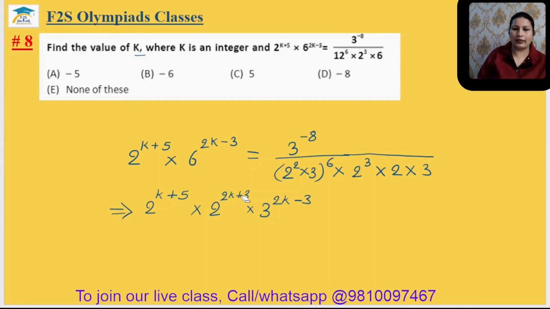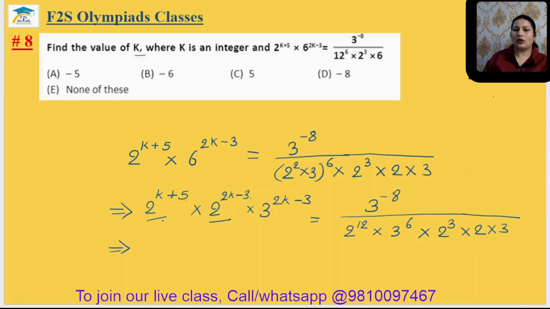Sorry, it should be minus 3 here, not plus 3. Minus 3. Okay. Now 3 to the power minus 8 upon 6 2s are 12, 2 to the power 12, multiplied by 3 to the power 6, multiplied by 2 to the power 3, multiplied by 2, multiplied by 3.